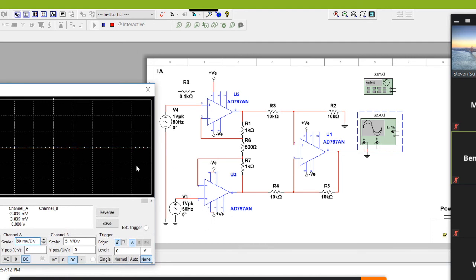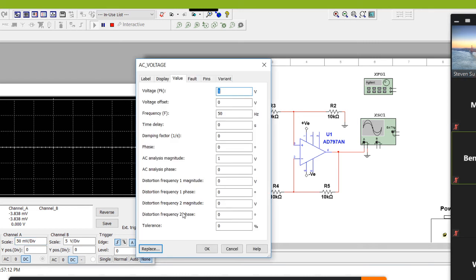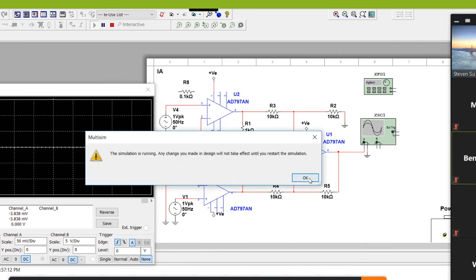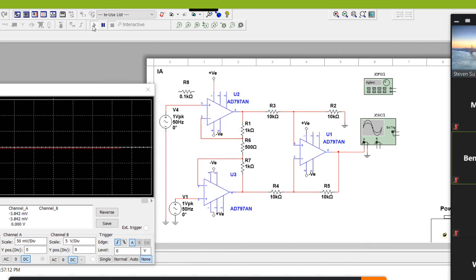But if I change this one to another value, for example, I give a phase, say 1 degree. One degree is a little bit. I put 0.1 degree. Jeffrey will teach you how to use Multisim step by step.